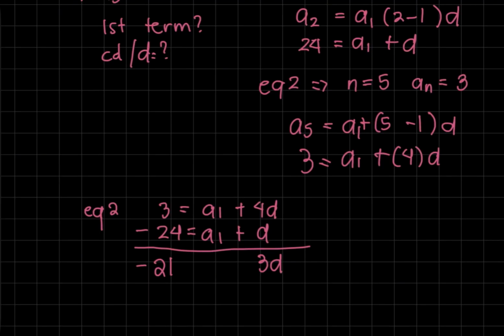And then A1 minus A1 cancels out, so that is equal to 0. And then 4D minus D equals 3D.